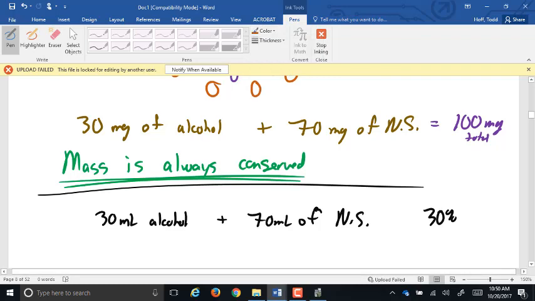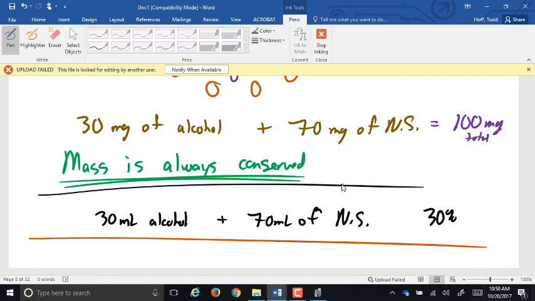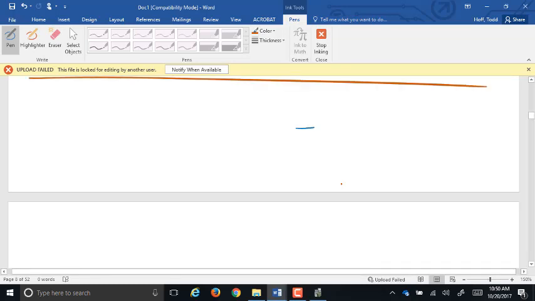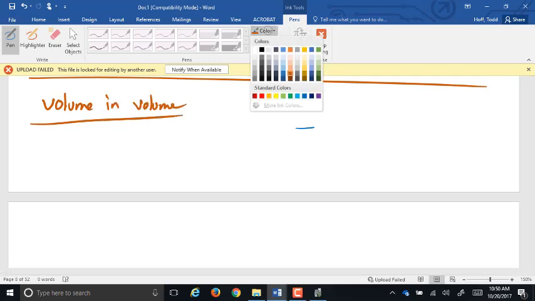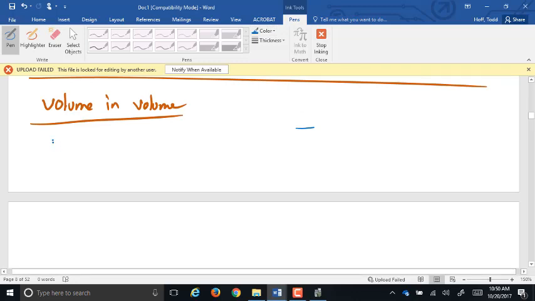So one of the types of solution we will talk about is a volume in volume solution. The abbreviation is V/V.